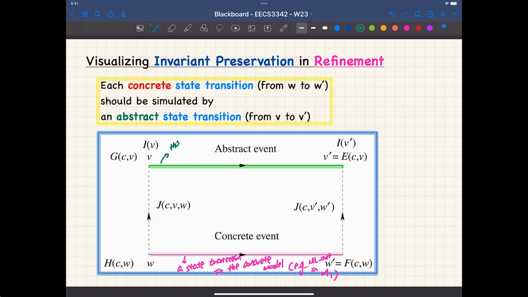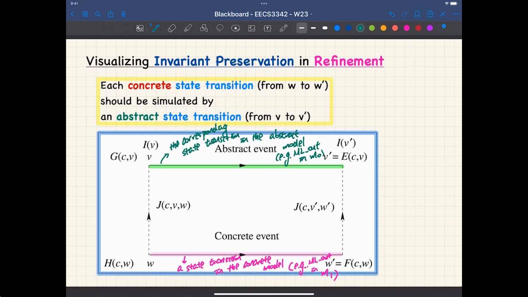The corresponding state transition in the abstract model. And for example, it could be the same event, since we talk about M out, but it will be in M0. Okay, let's understand how we move from one to another.